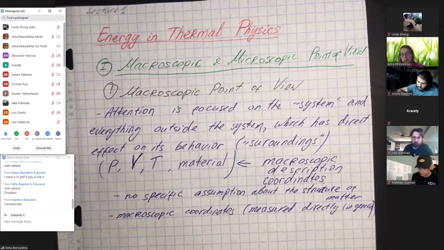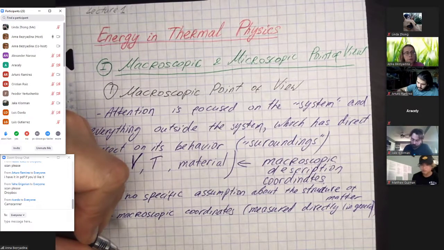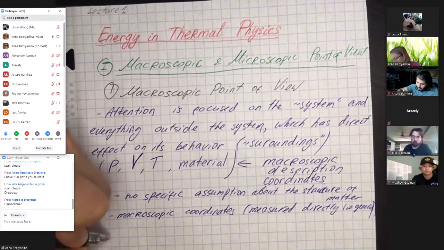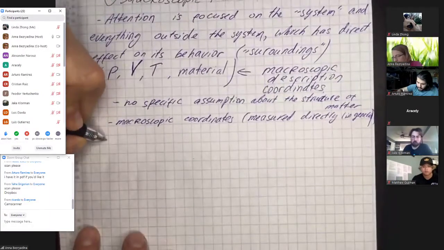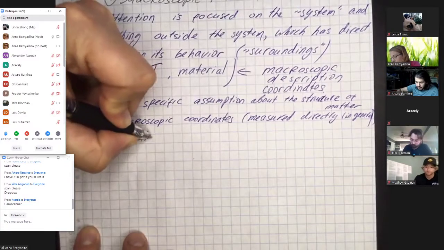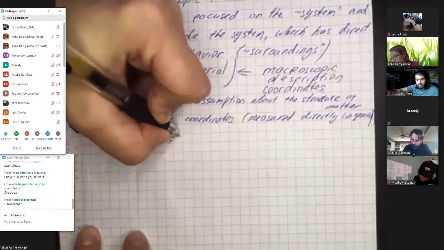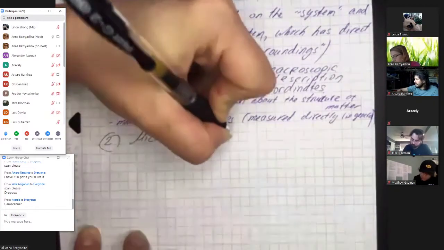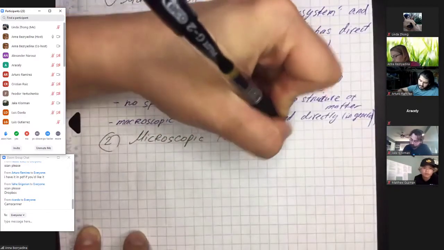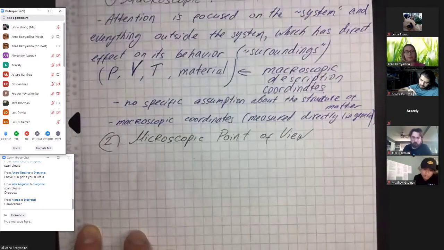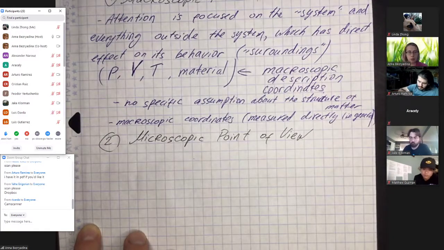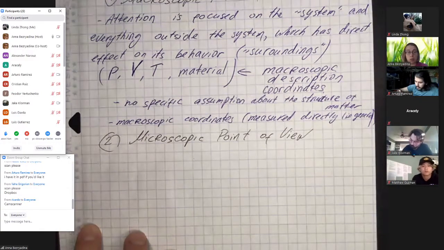Okay, now let's talk about the second case. Let's talk about the microscopic point of view. So in this case, we assume that the material consists of n particles or molecules which have the same mass and move independently.